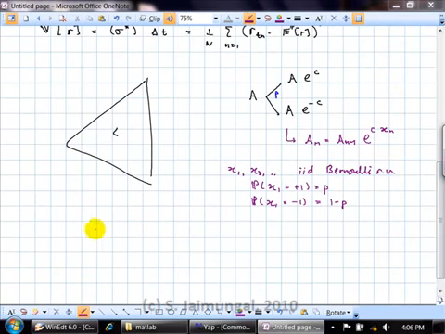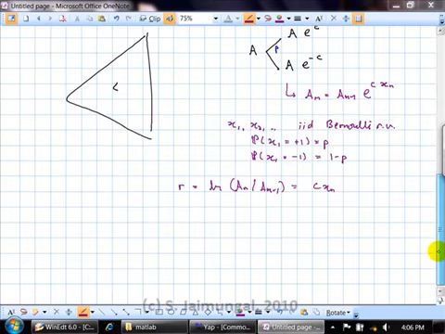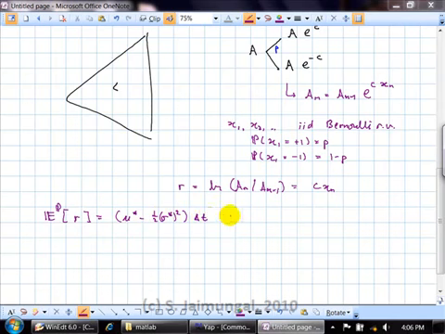Okay, so if I compute the return, you can see that the returns are all identically distributed. They're log of An divided by An minus 1, and that's just c times xn. The return over any nth period. So what I need is the mean of this return. I want it to be equal to mu star minus a half sigma star squared times delta t.